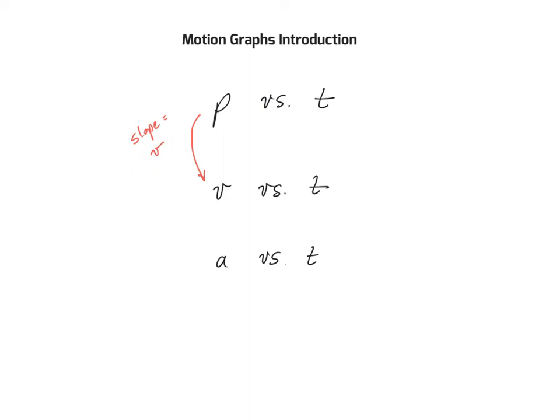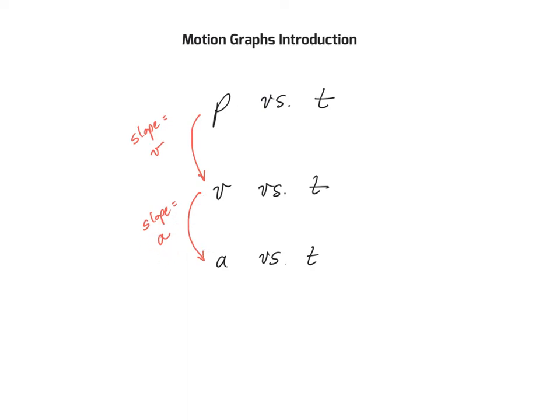Going from a velocity versus time graph to an acceleration versus time graph, our slope tells us what the acceleration of that object is. Okay, so here's the connection. You're seeing a connection between these graphs now. The slope of a position versus time graph gives us velocity. The slope of a velocity versus time graph gives us acceleration.